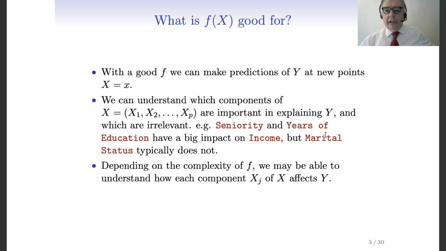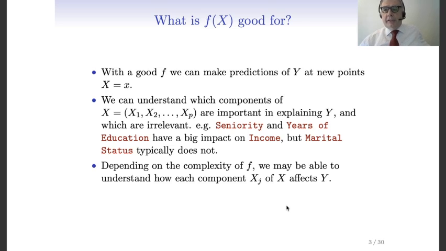But for instance, marital status, bachelor or married, may be not so important. This is our prejudice. And also, depending on the complexity of f, we may be able to understand also how each of the components of X is going to affect Y.